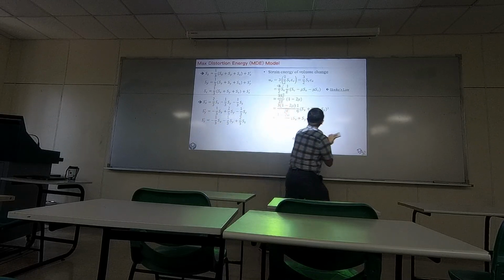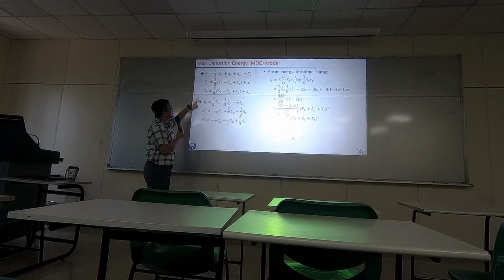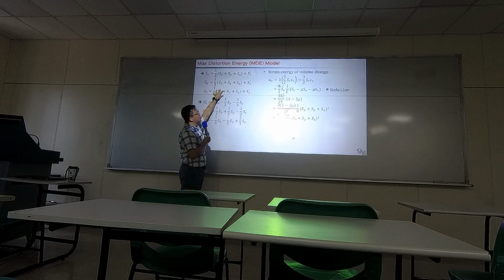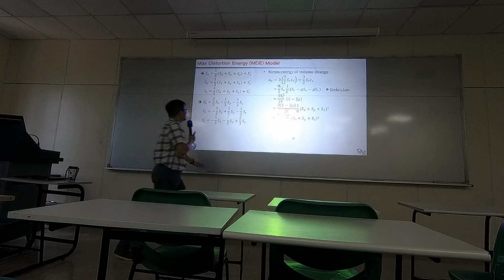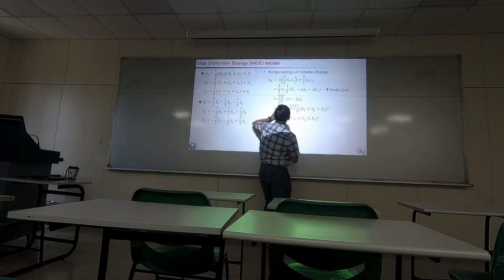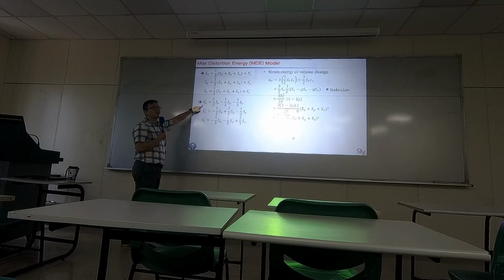So let's do that. This is the general stress equation, but you plug in the volume change part here. So you come up with the expression of all the stresses for distortion.